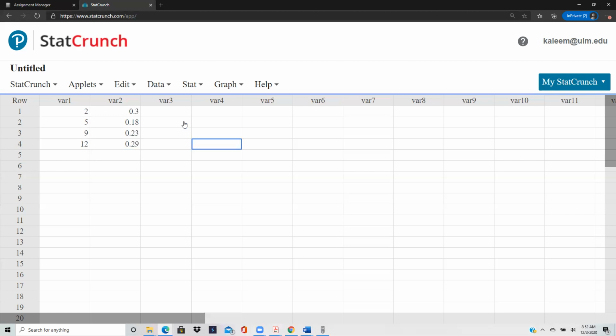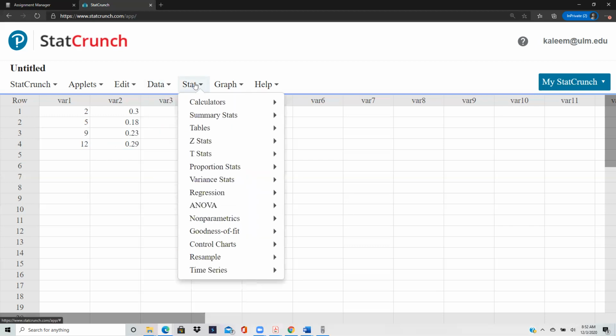And then what do we do? Summary stats, columns. Remember, this is group data. So stat, summary stat, columns works only when there is only one column and one set of entries. When it's group data and it's decimals, then there's another way.